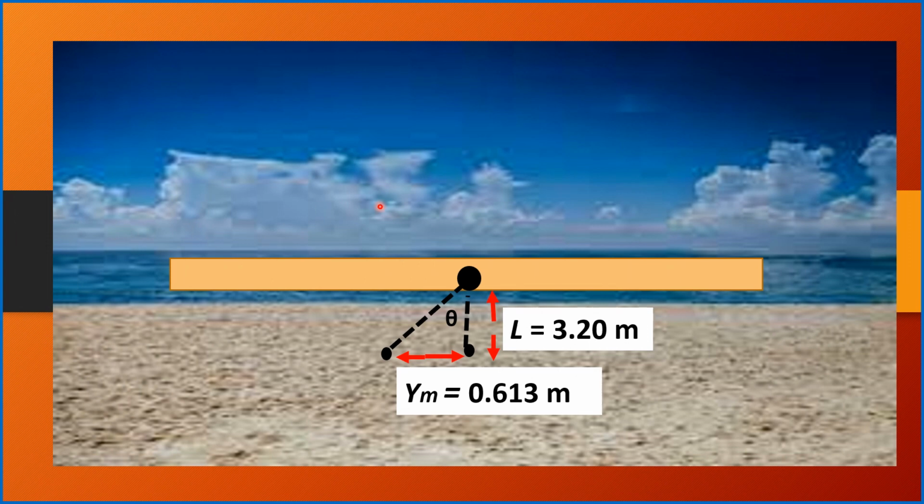Before we go to our calculations, let's first analyze the situation. Supposing this is the barrier, which has a hole in it. And let's assume that this point here on the shore, the shore corresponds to the screen if you're talking about diffraction of light.